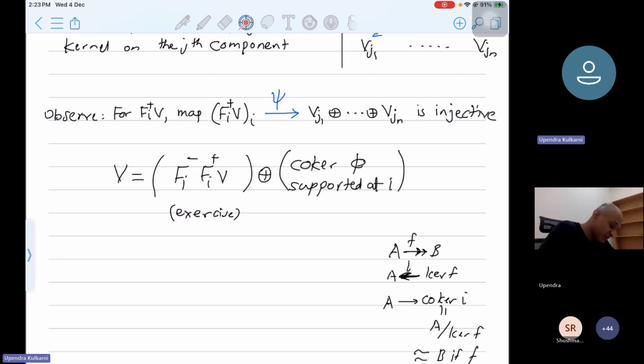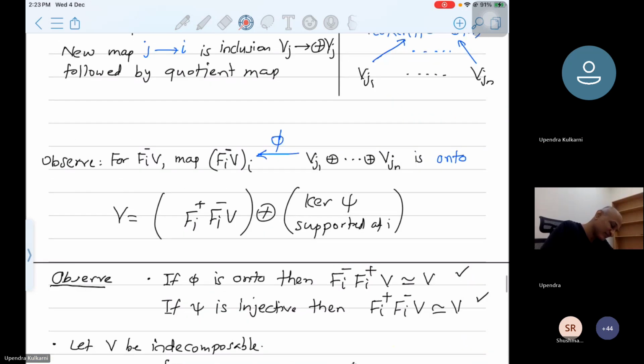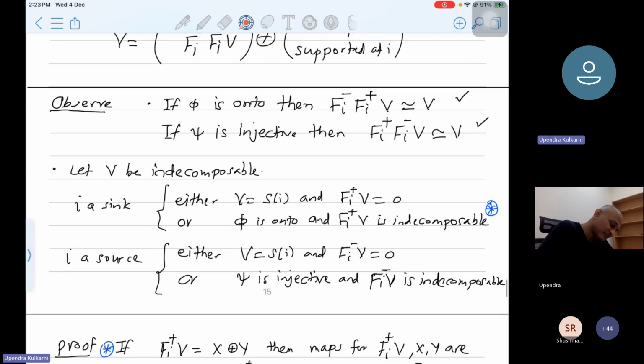So if V is indecomposable, either the first one must be 0 or the second one must be 0. So the first one being 0 is precisely the situation where I have SI. But if the first one is non-zero, then the second one must be 0. That means that there is no co-kernel. And so I'm in this situation.